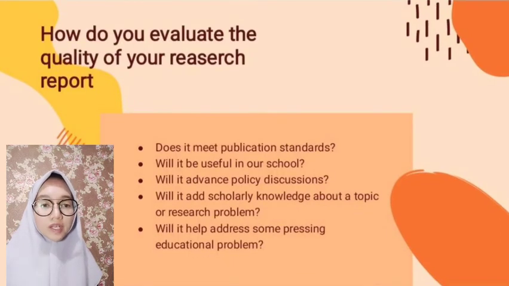How do you evaluate the quality of your research report? The criteria for evaluating the quality of the study depend on the evaluator. Evaluators may be faculty, journal editors, reviewers, policymakers, practicing educators, and conference paper reviewers.